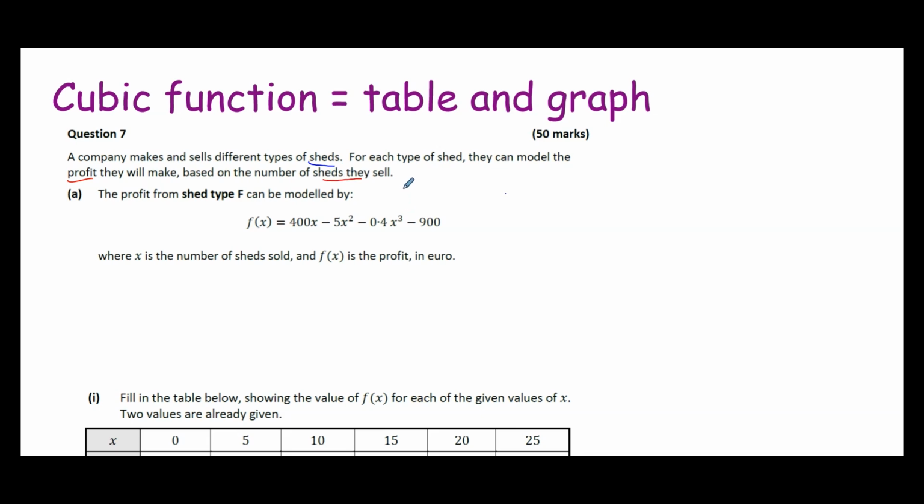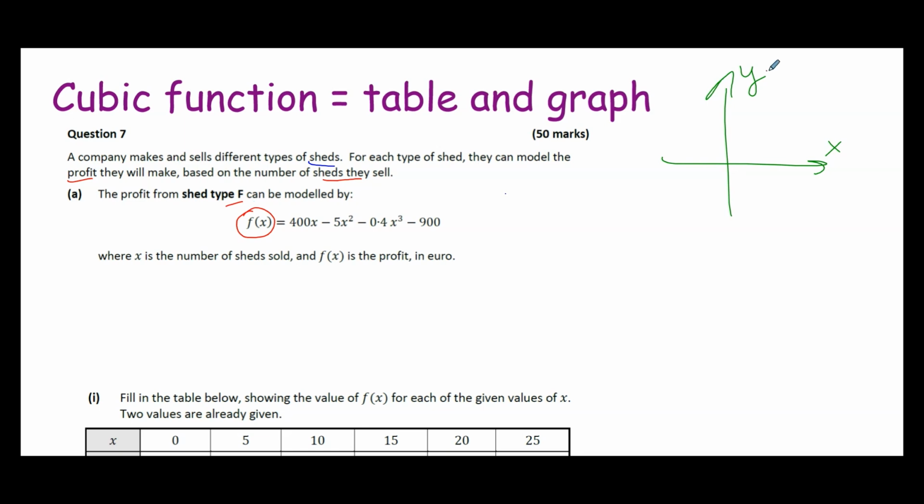It's reasonable. Okay, the profit from shed type F, so here we are talking about a specific type of shed, can be modeled by, and we have the function. So don't forget, a function is about x and y values. It's just that every question will have different x and different y. So in this case, the profit can be modeled by the function.